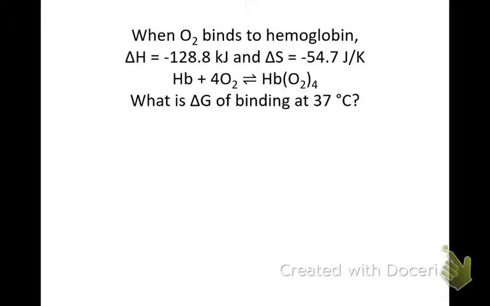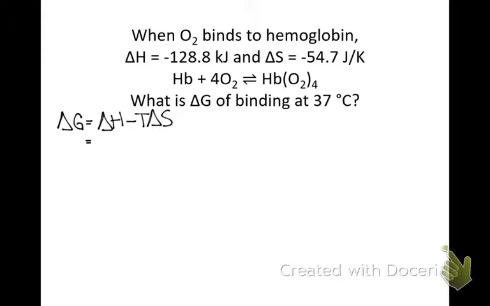So what is delta G of the binding of oxygen to hemoglobin at 37 degrees C, which is human biological temperature? Okay, so we're trying to find delta G. And we have delta H, T, and delta S. So there's our equation.